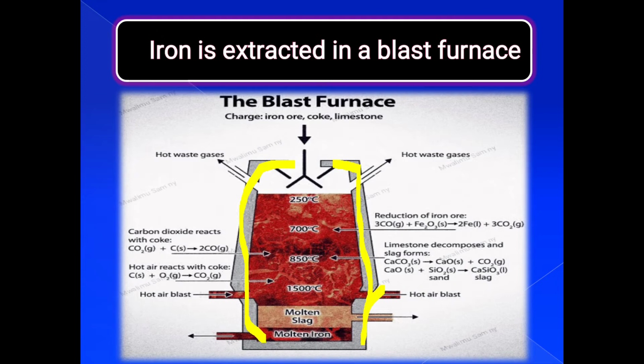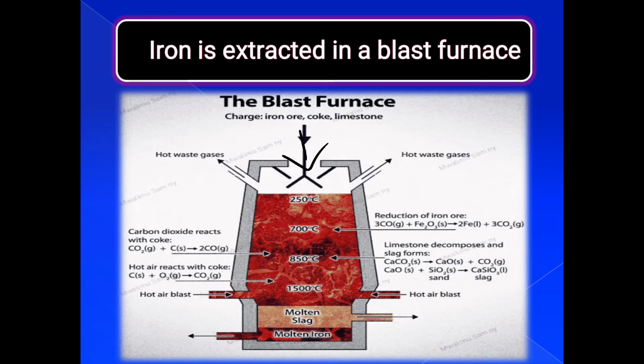These temperatures do what is called smelting, which is simply converting a metallic solid into a liquid or molten state. So this is a blast furnace. Like you can see, we have where we have the iron. You see here?